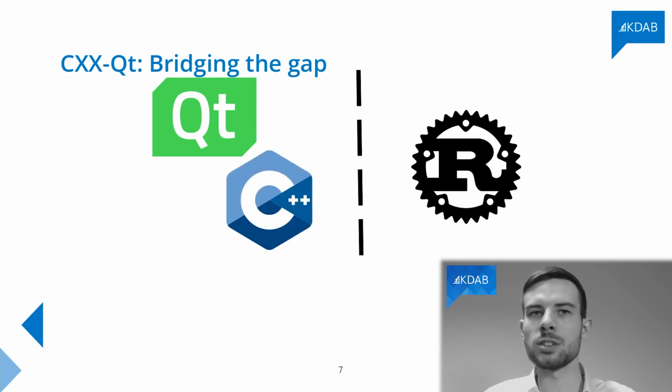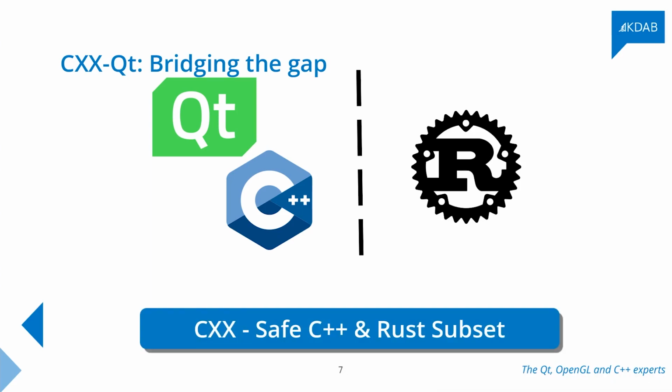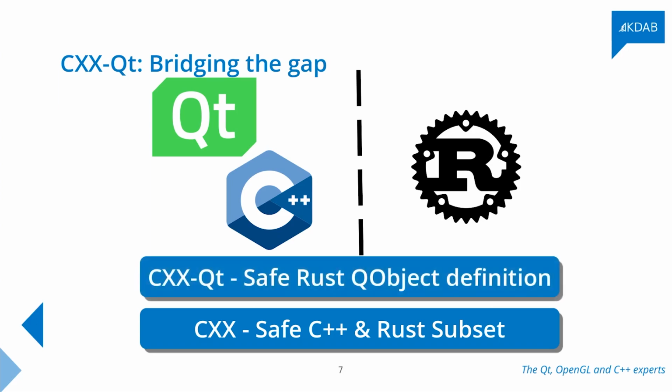And one of the great projects to come out of this work is the CXX project, which creates a safe C++ and Rust subset that can be used to communicate between Rust and C++ safely and idiomatically on both sides. On top of CXX, KDAB has built a new library, CXX-Qt, which then can allow you to safely interact between Rust and Qt by defining QObjects in Rust.